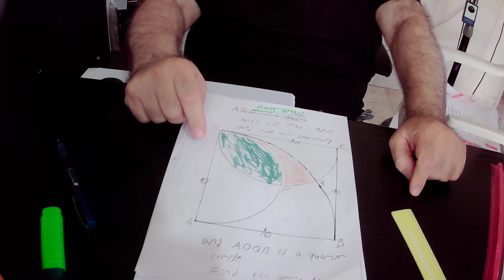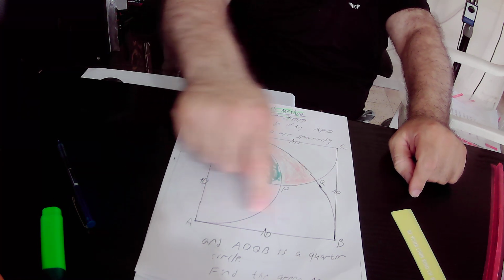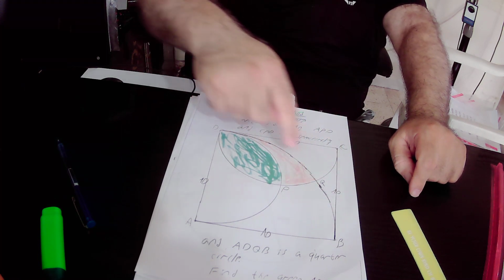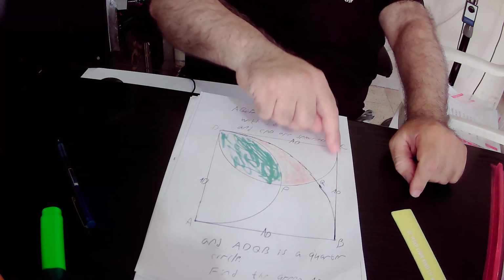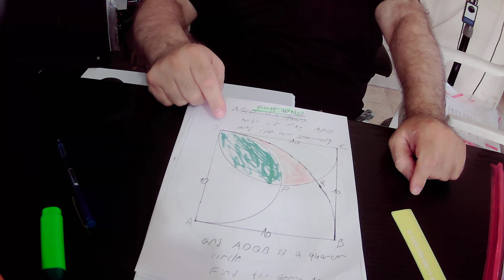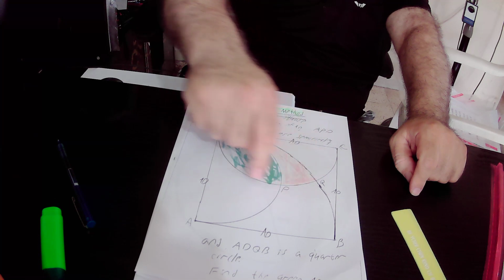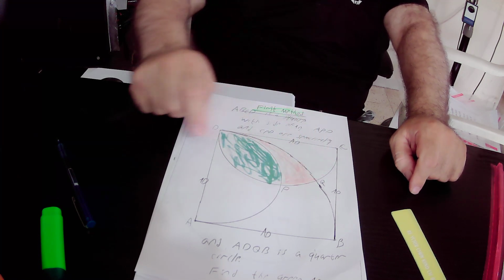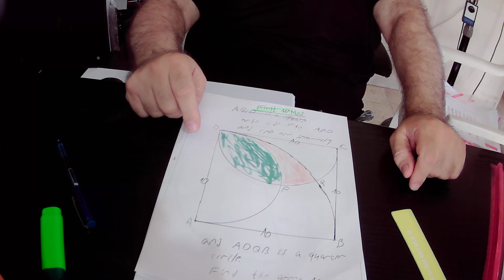And we also have the quarter circle ABQD. This quarter circle intersects with this semicircle, and they create this big lens by the intersection with each other.